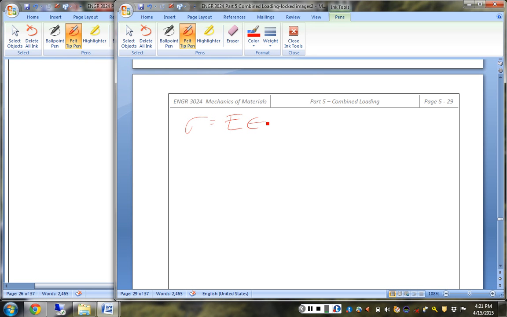So if I have this structure and I pull on it with an axial load, what happens? Hooke's law is true. I pull on it with some force P, F, whatever you want to call it. It gets longer this way. What happens the other way? It gets shorter. What dictates that? Poisson's ratio.